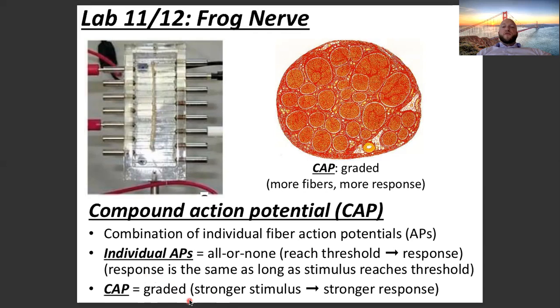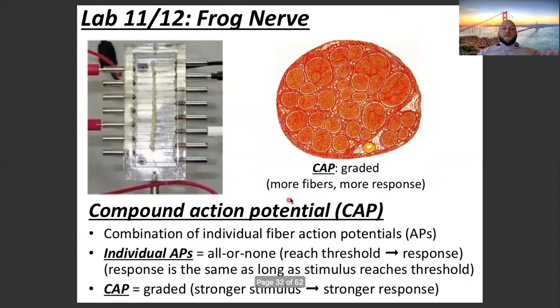This is considered graded. Graded is like different amounts of output. So you can have different amounts of electrical signal being transported because you have a different number of axons sending signals. The stronger the stimulus, the stronger the response.